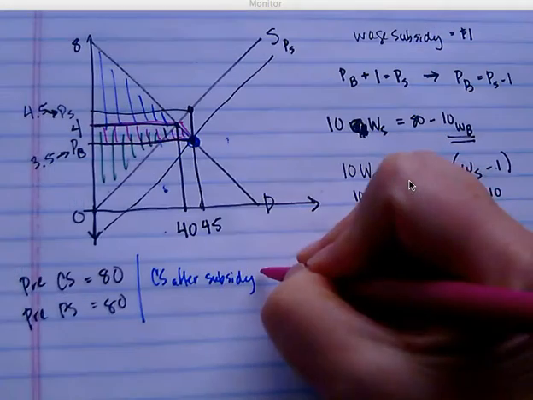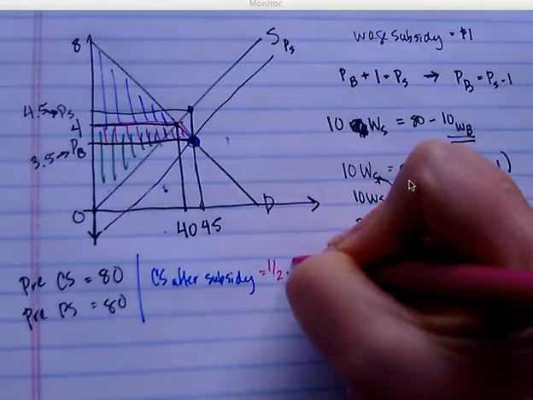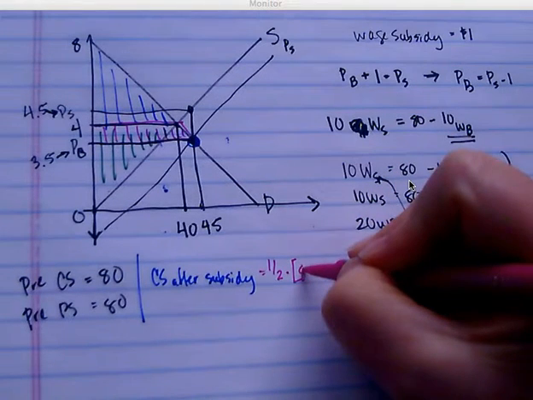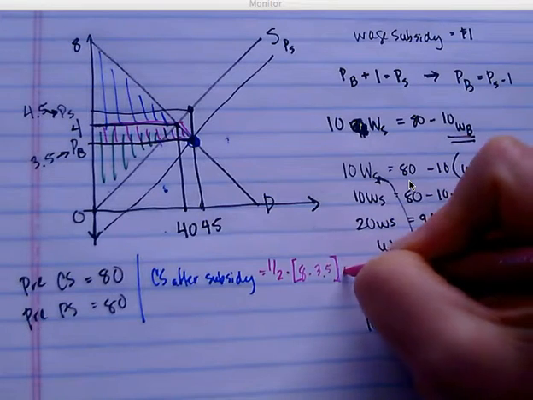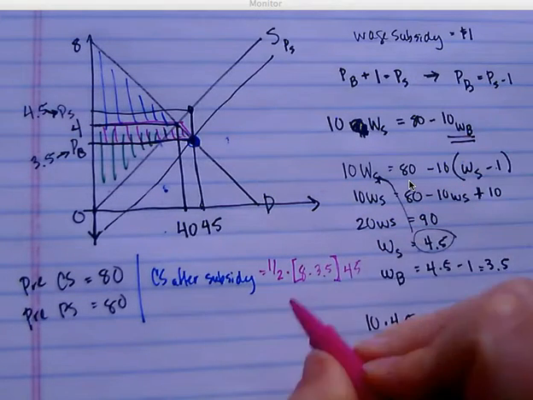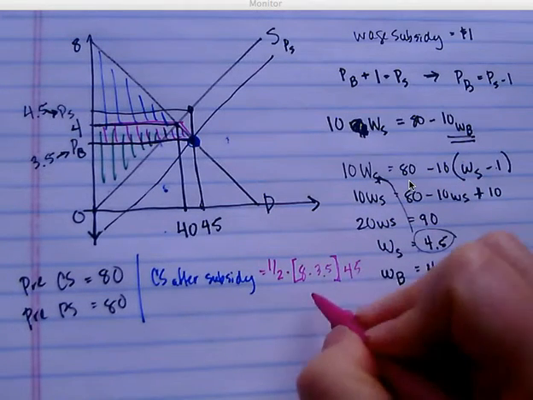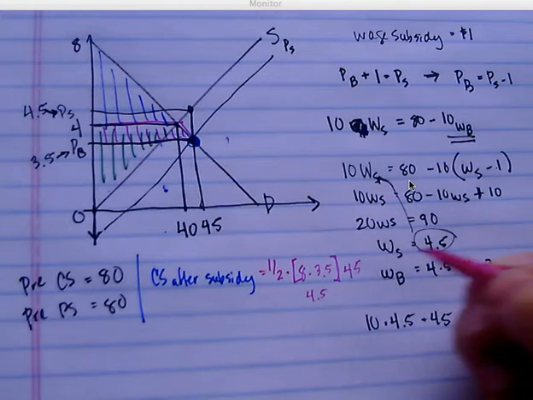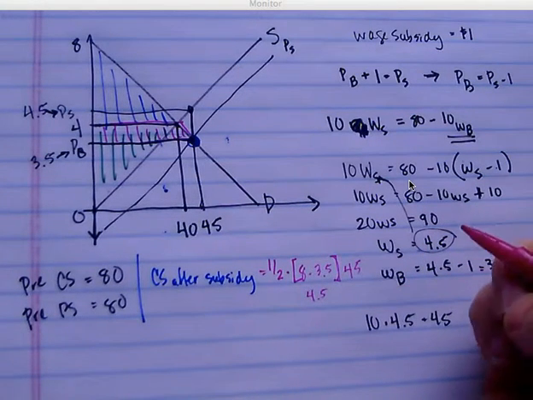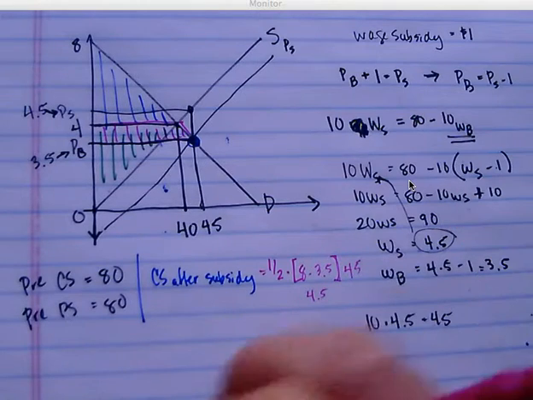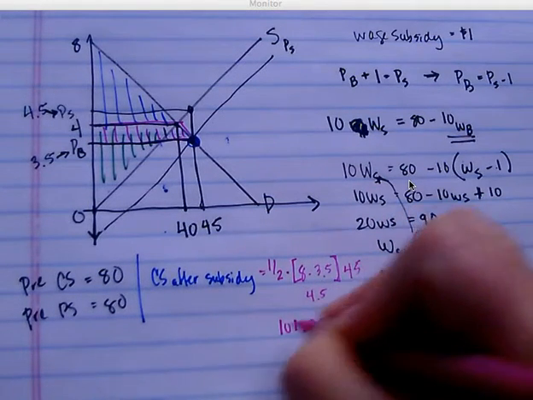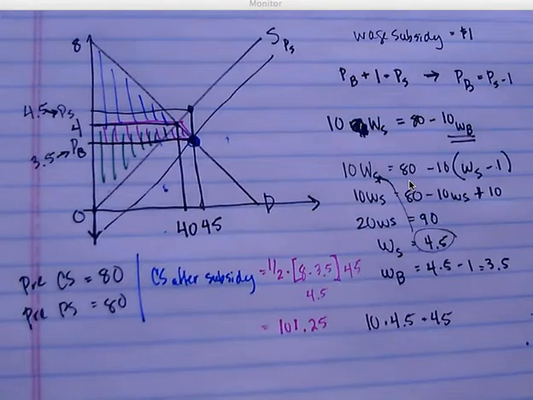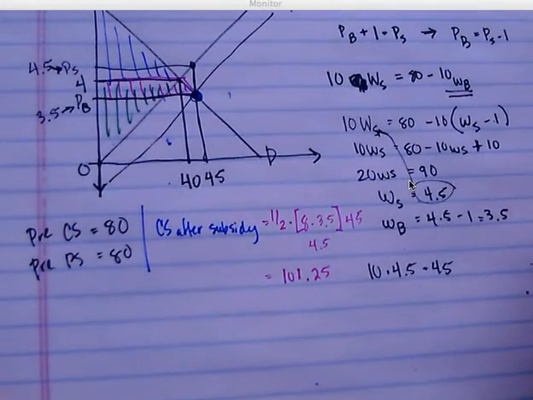And so it's going to be equal to 1/2 times (8 minus 3.5) times 45, which is just 1/2 times 4.5 times 45, or 101.25. So that's the consumer surplus after the subsidy.